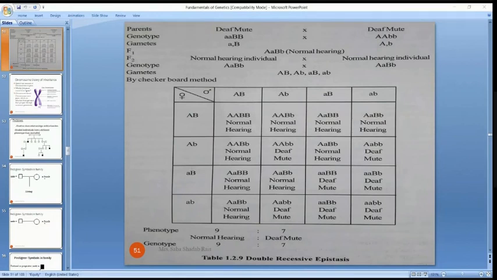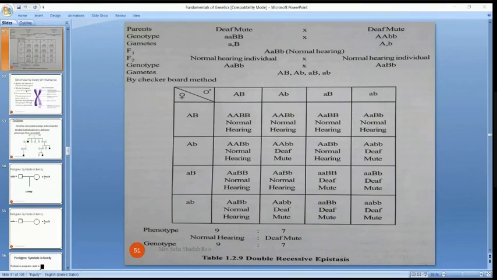Now I told you in the case of the dominant epistasis and recessive epistasis, three traits were observed. So three ratios formed: in the dominant epistasis, the ratio formed was 12:3:1, and in the recessive epistasis, the new ratio formed was 9:3:4, because there were three traits.